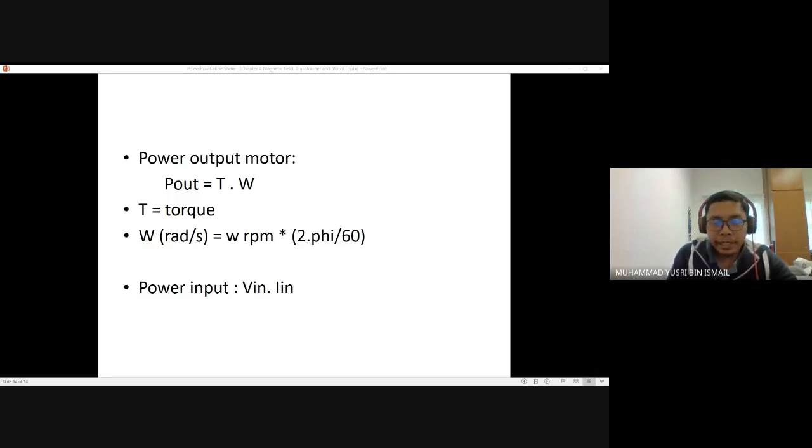Okay, so when the angular speed is high, then the torque must be lower, and it works vice versa. Meaning that if the torque is lower, then the omega will be increased. Okay, this is just a formula for the motor.